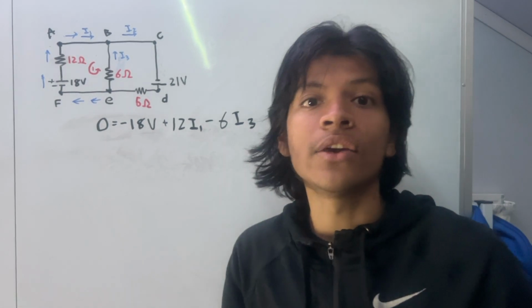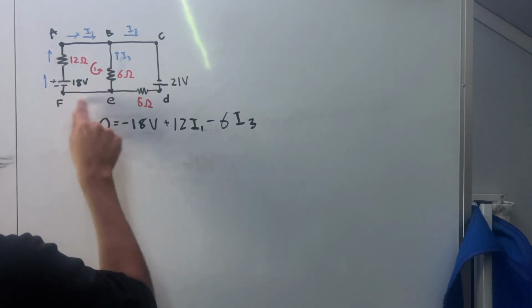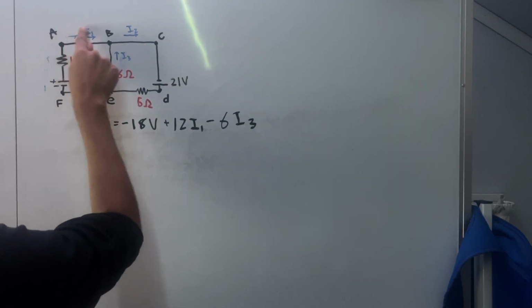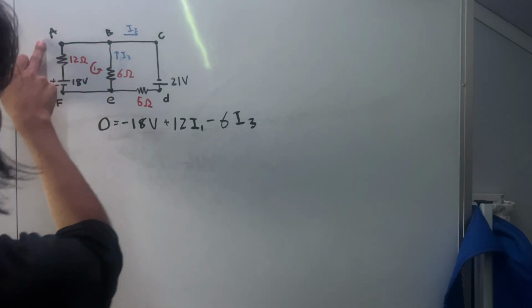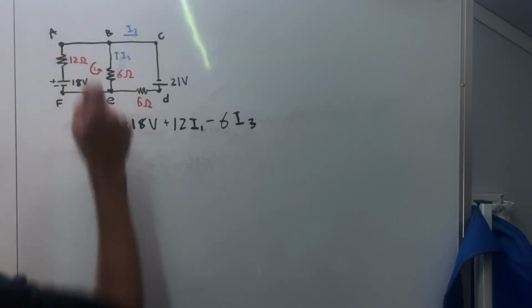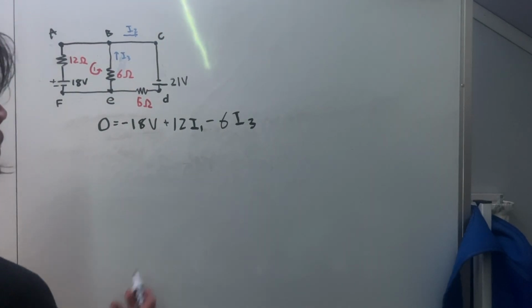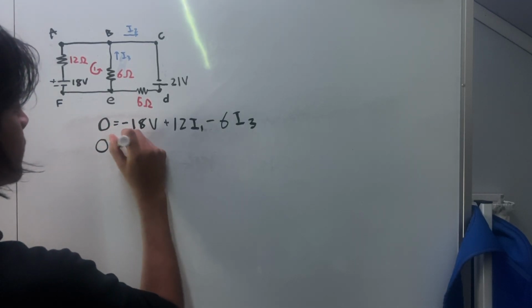For our second equation, what I like to do is take the loop around the entire thing. Let me erase these lines really quick. This time, we're going from A to F to E, D, C, B, A. For our equation, we're always going to have a 0 on one side.